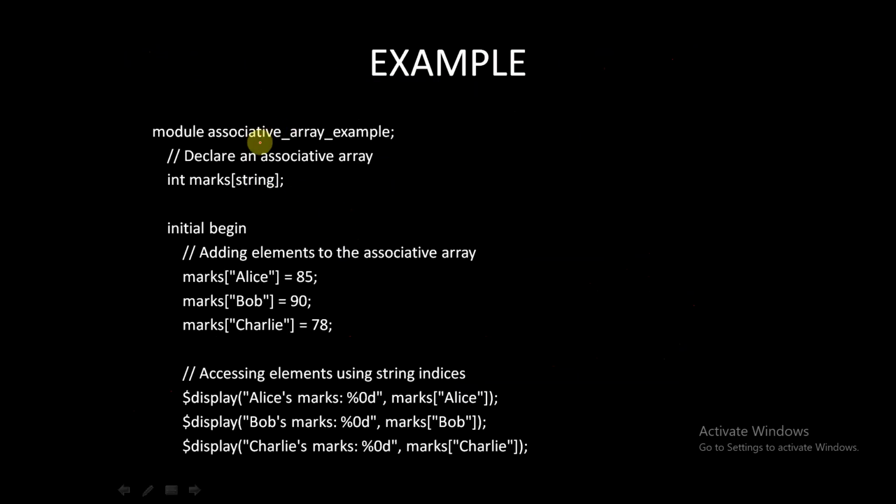Suppose in this example, they have declared a module called associative_array_example, and they are declaring an associative array with an index of string. So indexing can be done with the help of a string. Here int is the data type, marks is the name of the associative array, and string is the index type.